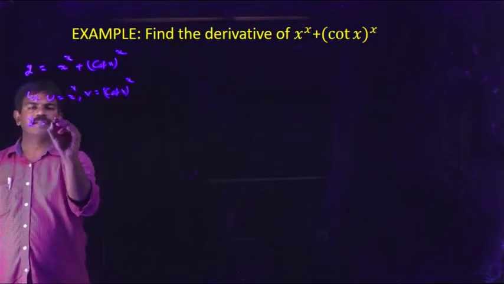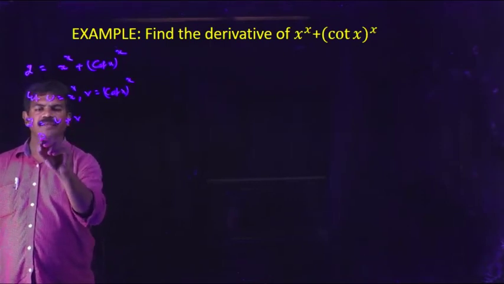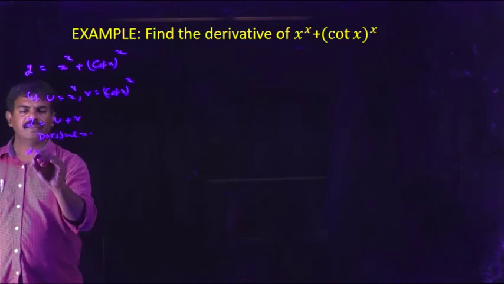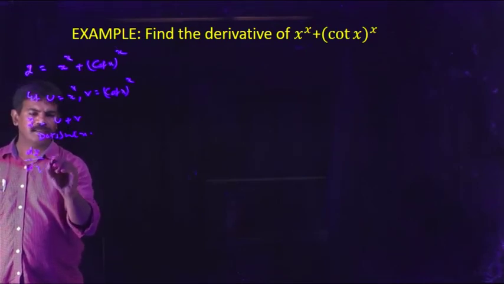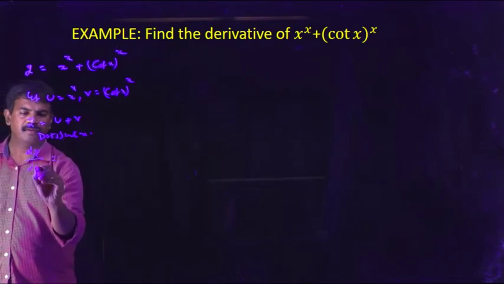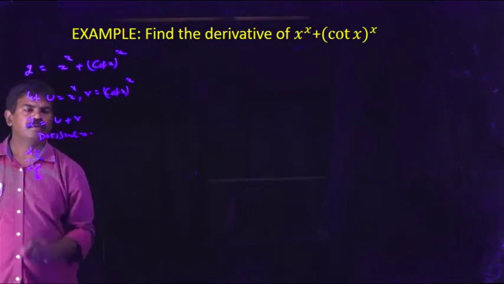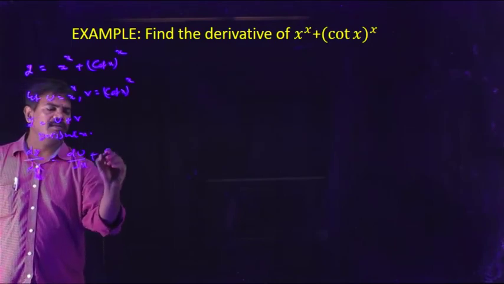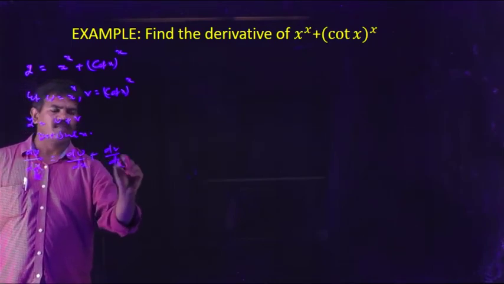We write y is equal to u plus v. Differentiating on both sides with respect to x. Derivative of y is dy by dx, that is equal to derivative of u is du by dx plus derivative of v is dv by dx.